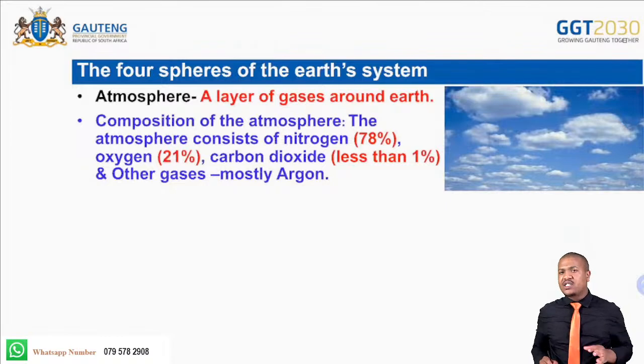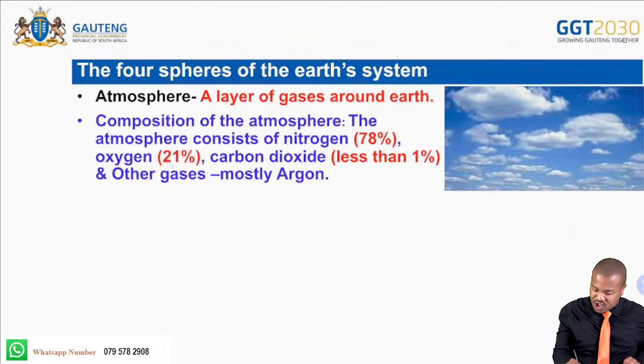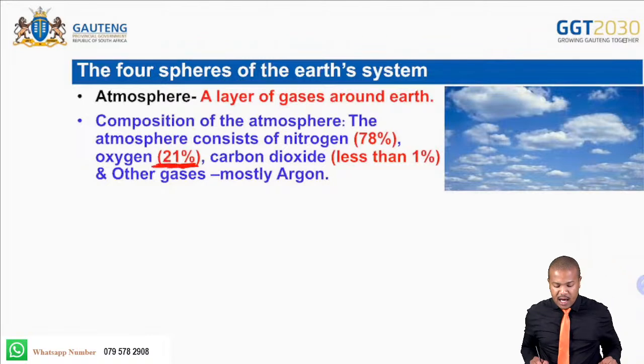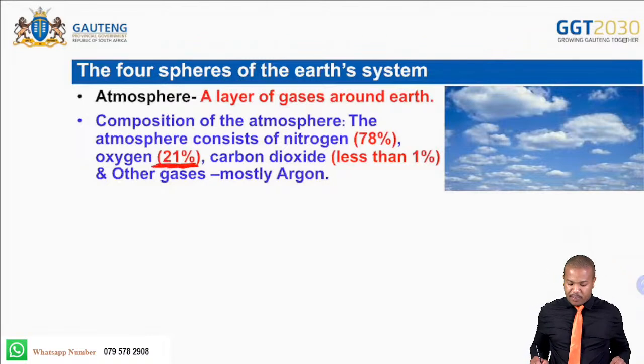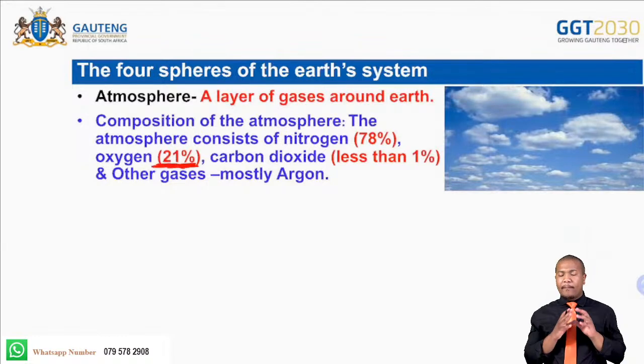It consists of about 78% nitrogen, 21% oxygen that you and I need to breathe in, carbon dioxide that is less than 1%, and other gases, mostly argon. That is the composition of the atmosphere.